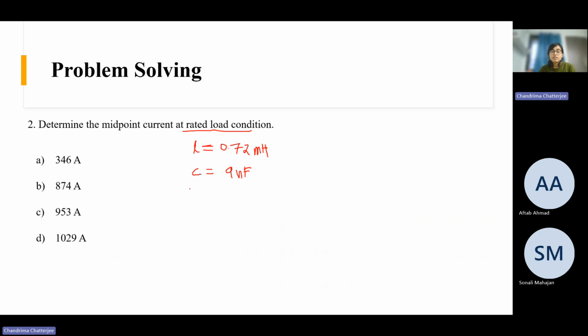Firstly, what we have to do, we have solved this multiple times previously.